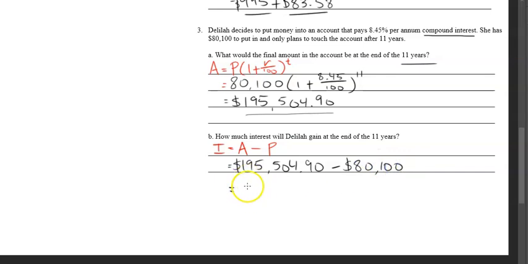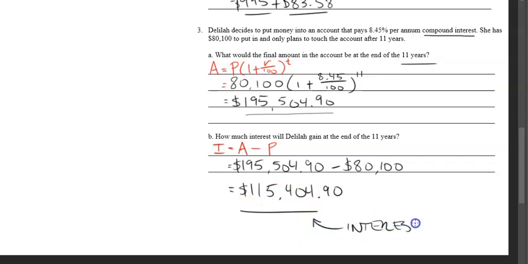This equates to $115,404.90. This all here will be dedicated to interest, which is quite a lot of interest in my honest opinion.